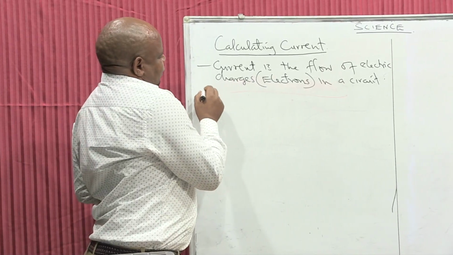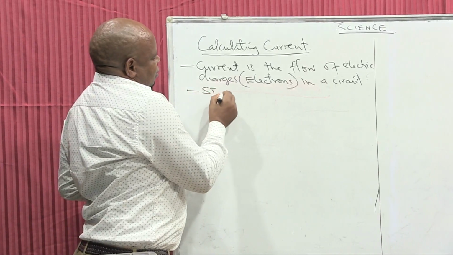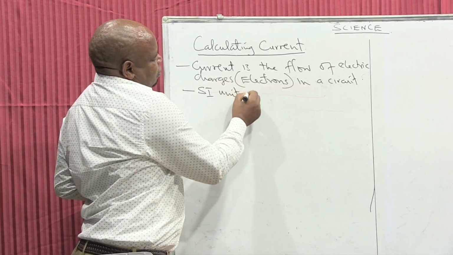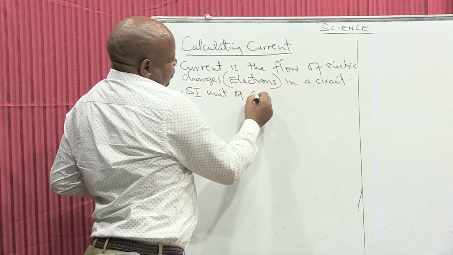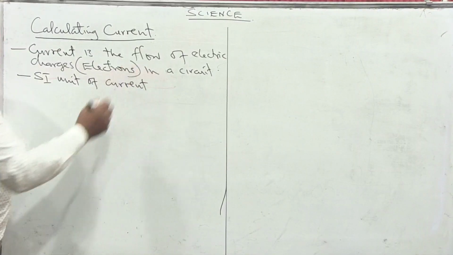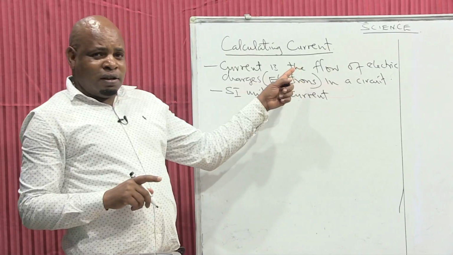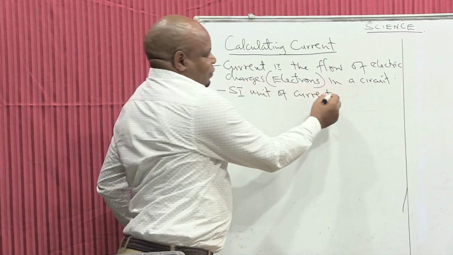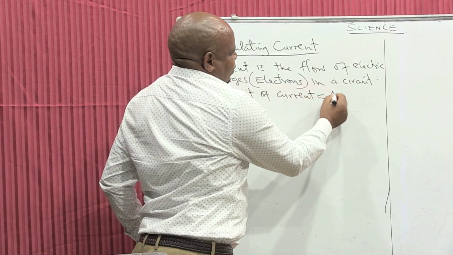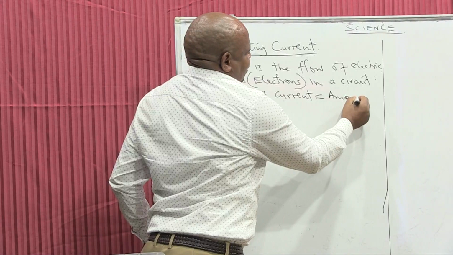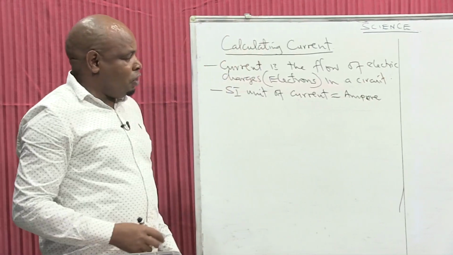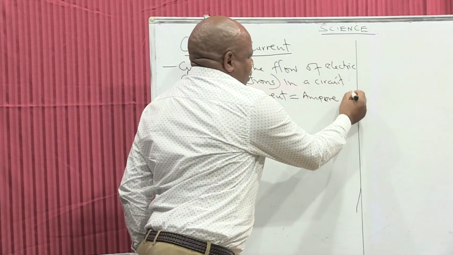And you remember the SI unit of current? We discussed this one. Amperes. In short, it's written A.